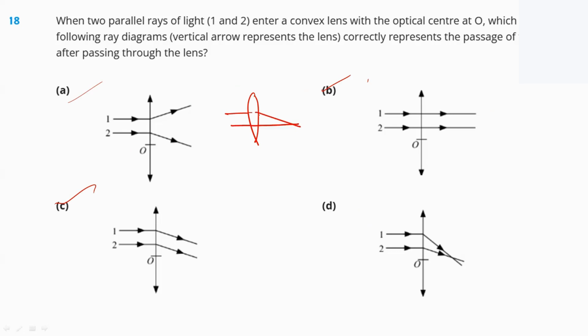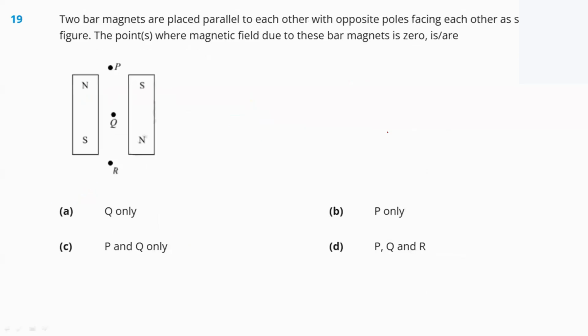Here A is diverging, B is obviously parallel so it will never converge, C is also parallel and will also never converge. D is not parallel, it has converged and then it has met at a point. So this shows the correct representation of the ray diagram of a convex lens.